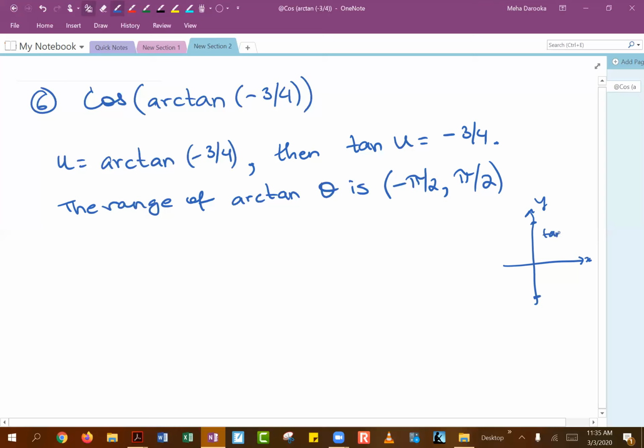So tangent is positive in quadrant 1, but negative in quadrant 4. So u is a quadrant 4 angle.